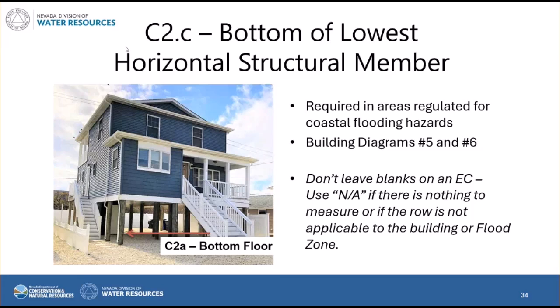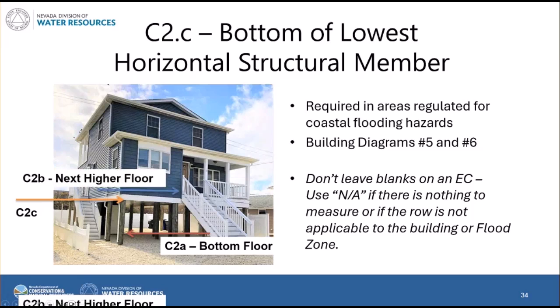In coastal areas, for those building diagram numbers 5 or 6 that are elevated on piers, posts, or piles, with or without an enclosure, we've got C2B, our next higher floor, and then C2C, the bottom of the lowest horizontal structural member. Essentially, that's the underside of the floor, the underside of this horizontal framing structure item. That's the measurement that you're collecting.